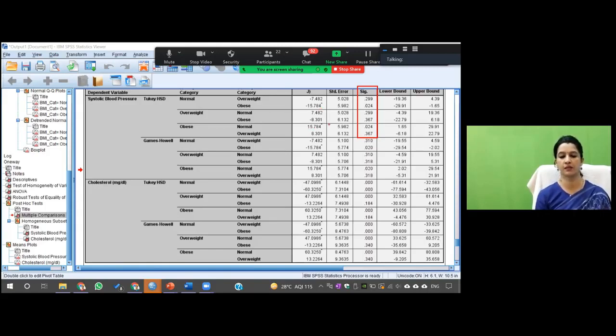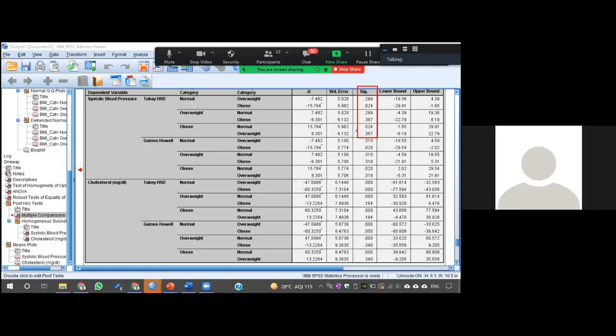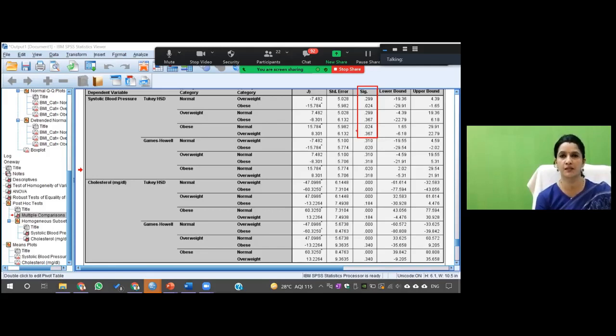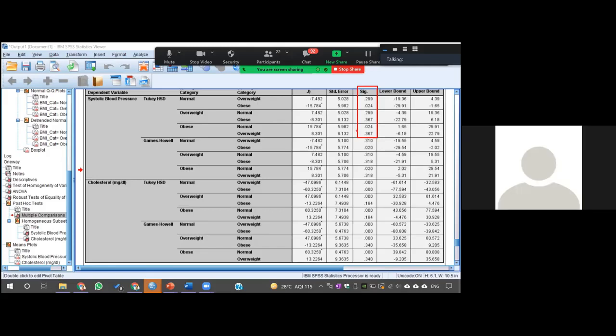And did you understand why in one row this is minus and in the other row it is plus? Can you see? The values are the same. The only difference is minus and plus. So can anyone explain this? Praveen, can you explain this for me? Yes, ma'am. In the first one, it is normal minus obese.